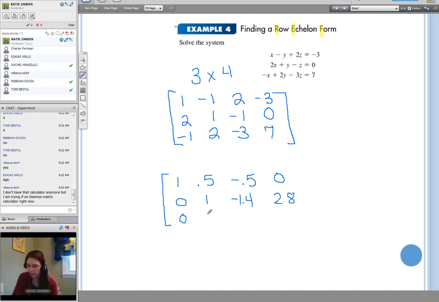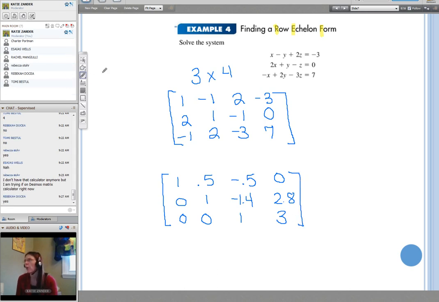And my row 3 looks like a 0, 0, 1, 3. All right, did you guys get the similar response there for your row echelon form with your matrix A? Awesome.